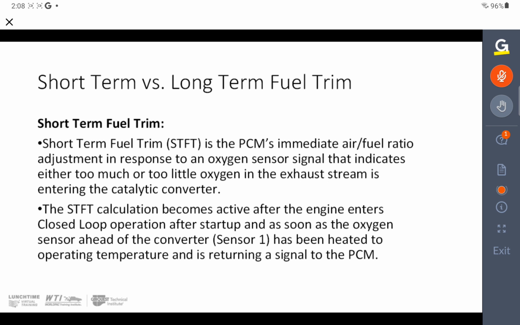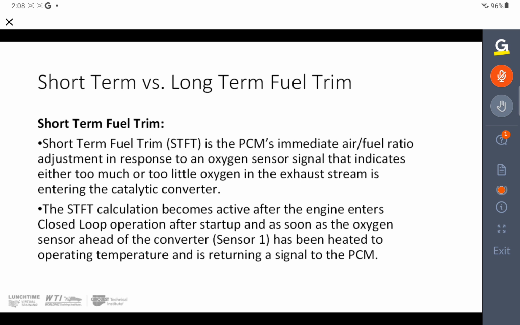If the oxygen sensor is indicating that there's a lot of oxygen in the exhaust, which means a lean condition, the computer will then increase the injector pulse width to increase the amount of fuel that's entering into the engine. If there's too little oxygen in the exhaust, then the computer will do the opposite. It'll see that it's a rich condition.